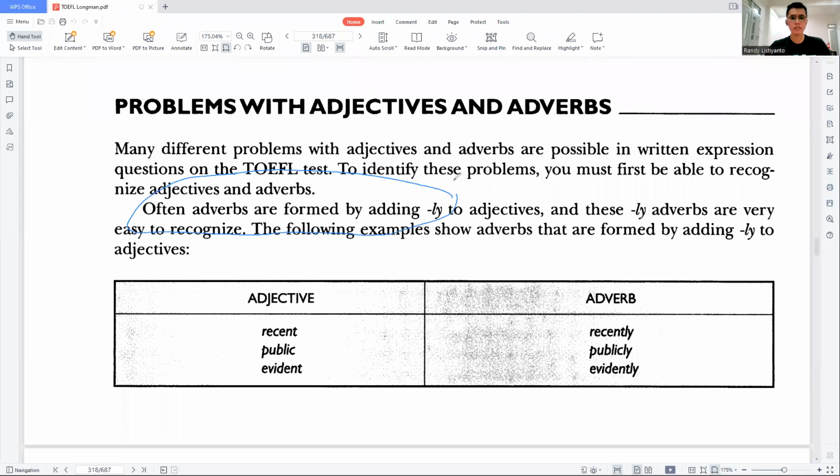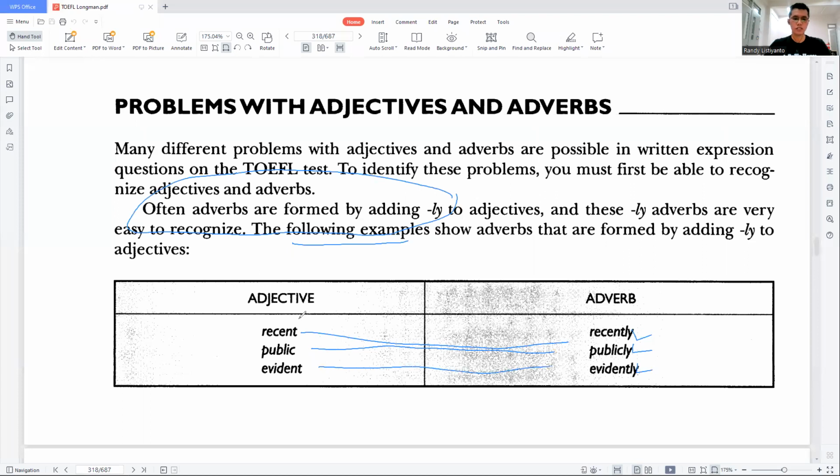Adverbs are formed by adding ly to adjectives, and these ly adverbs are very easy to recognize. The following examples show adverbs that are formed by adding ly to adjectives: from recent to recently, from public to publicly, from evident to evidently.